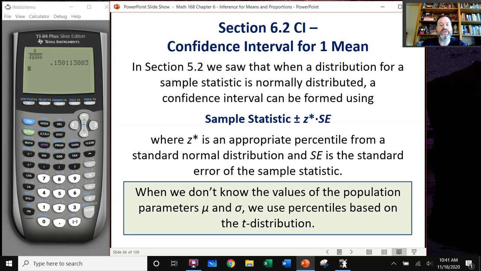And that's why we use that degrees of freedom calculation, because the sample standard deviation uses the sample mean as part of its calculation. So we're using the sample mean to compute 2 different statistics. That's where that degrees of freedom comes from.